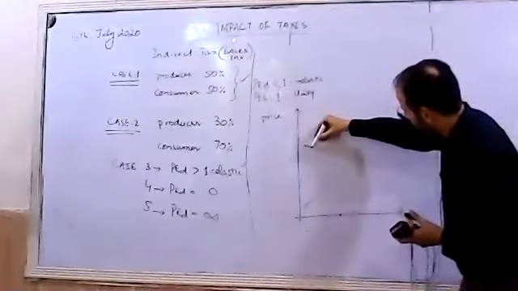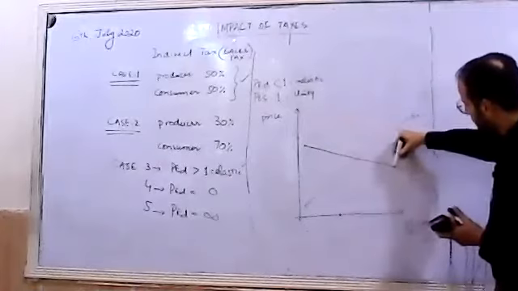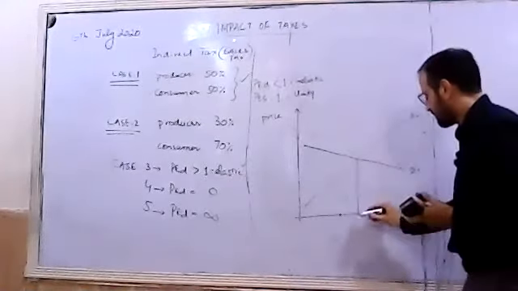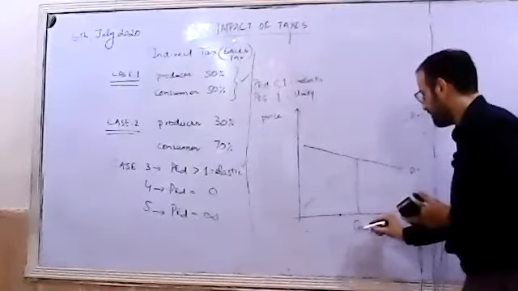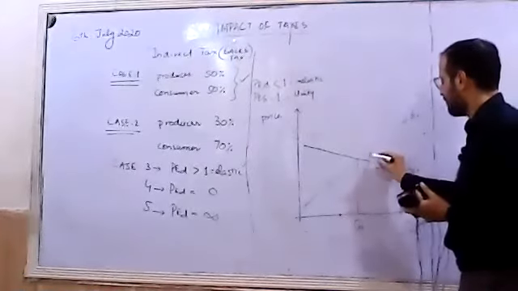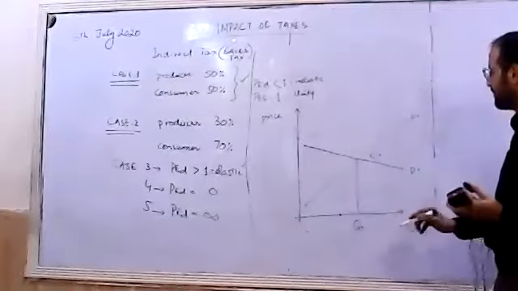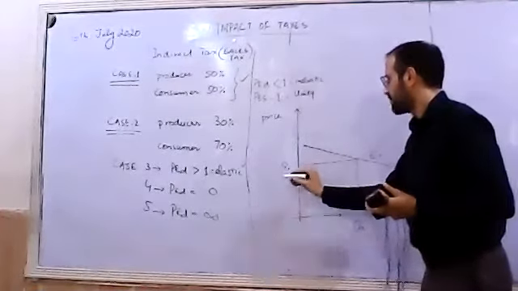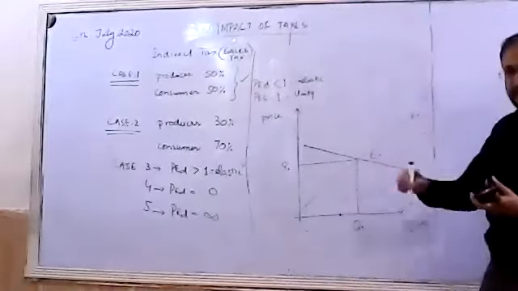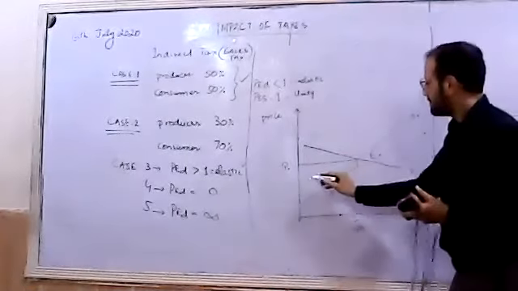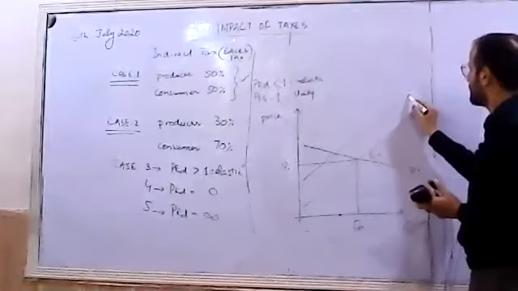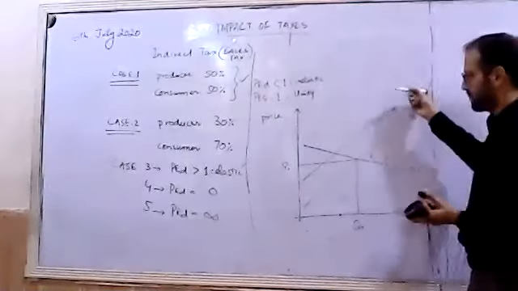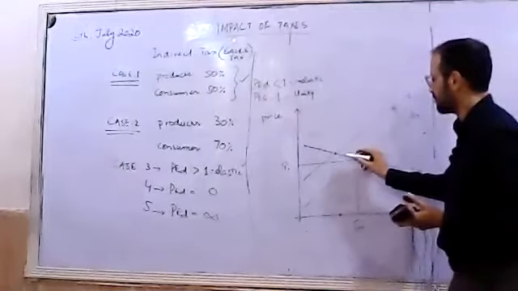So let's suppose this is the flatter demand curve, demand D naught. This is the quantity we get, this is the original equilibrium, and this is the price we gain as P naught. Now, when the tax is imposed, it is going to reduce the supply from S naught to S1, as we have already covered.